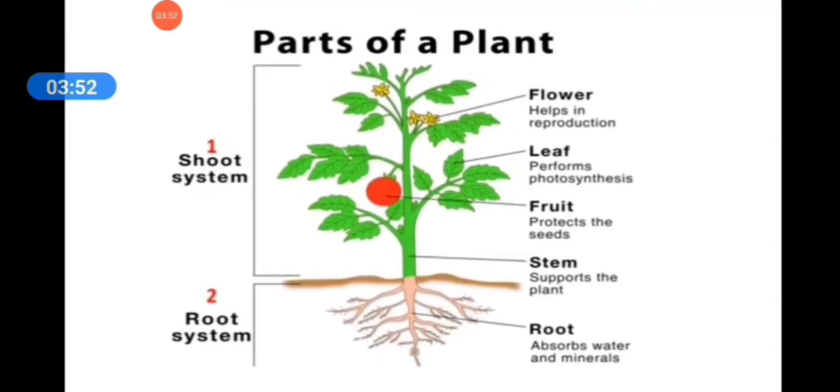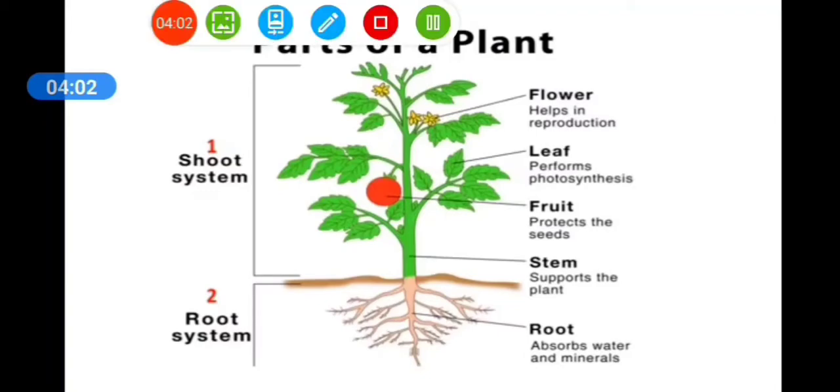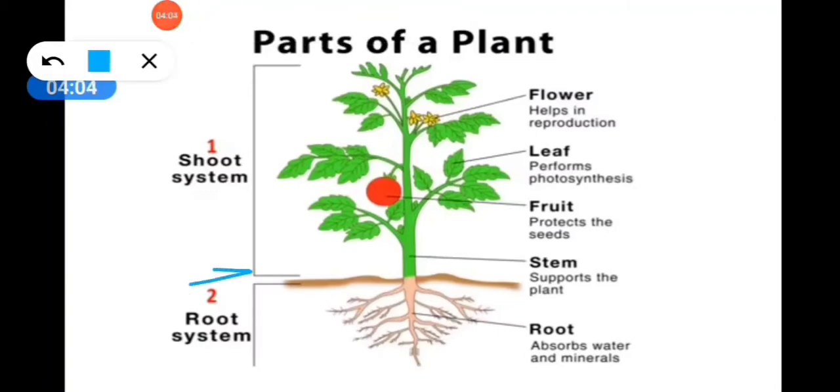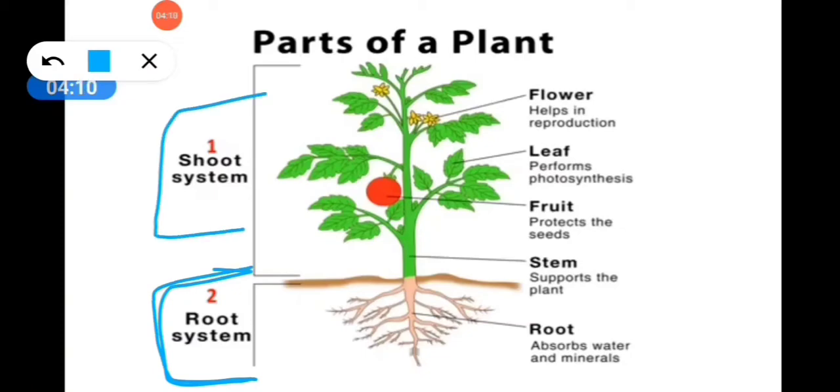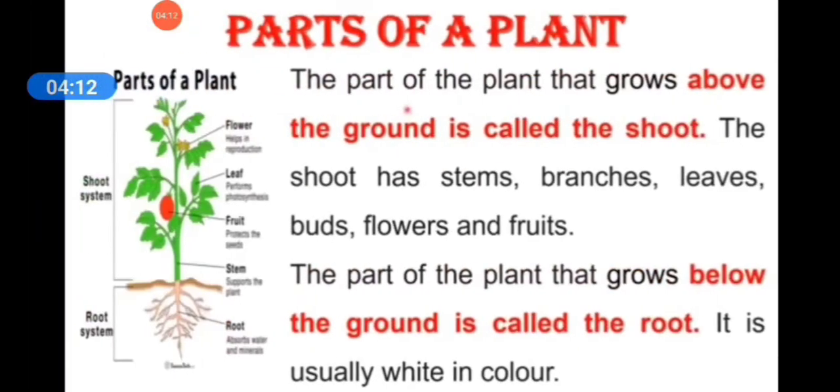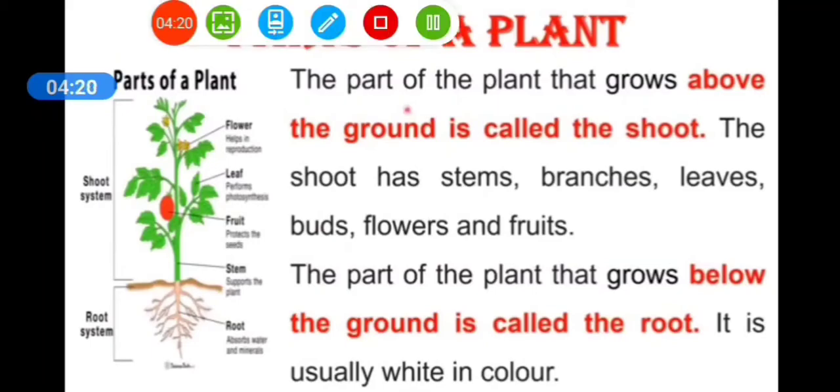Our next topic is parts of a plant. A plant can be divided into 2 parts. The root and the shoot. The part of the plant that grows above the ground is called the shoot.